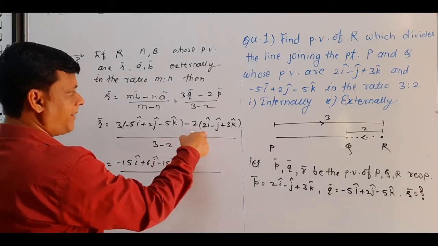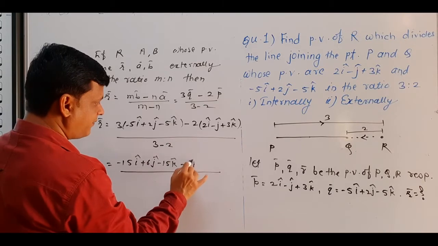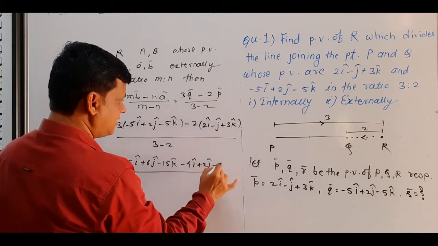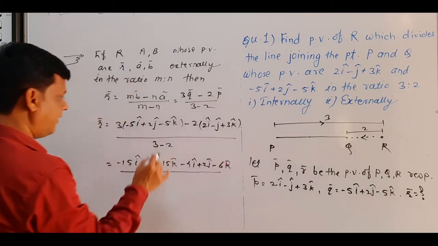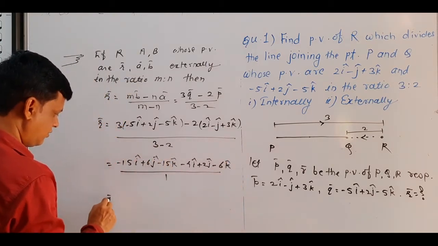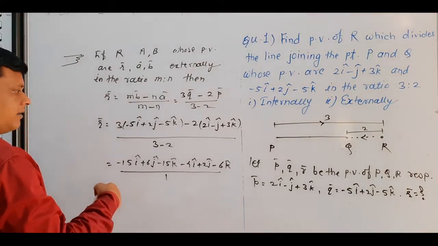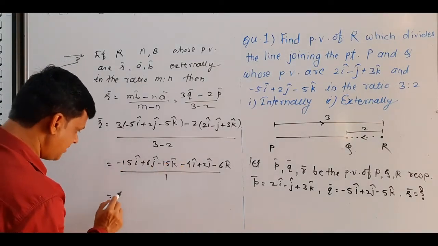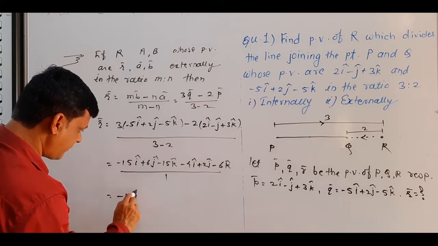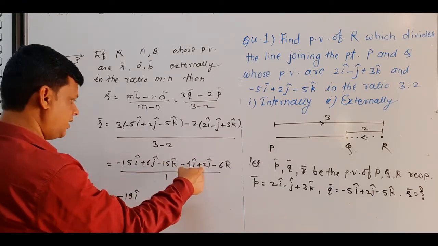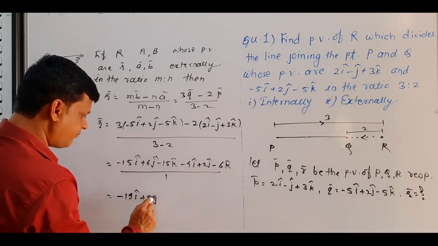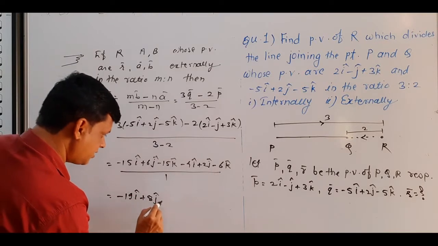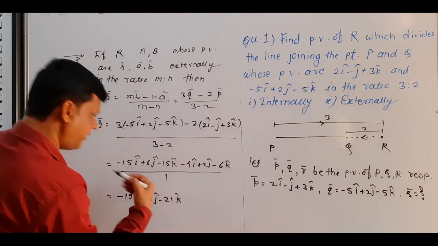Now multiply by minus 2, we get minus 4i minus minus plus 2j plus minus minus 6k upon 3 minus 2 is 1. So we add the like terms: minus 15i minus 4i which is minus 19i, minus 6j plus 2j which is 8j, minus 15k minus 6k which is minus 21k, divided by 1.